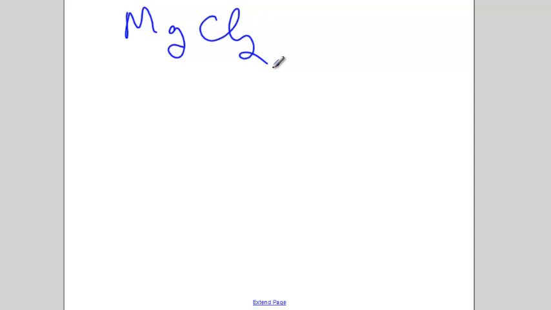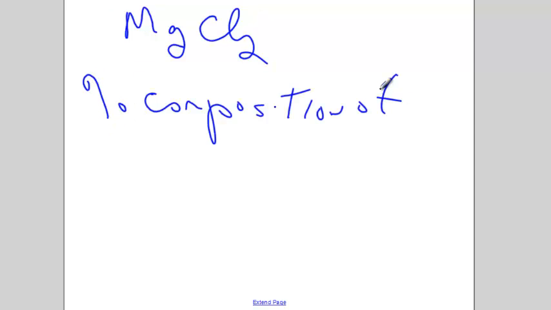If I say to you, what is the percent composition of MgCl2? That means what percent of any sample of MgCl2 is Mg, and what percent is Cl2. And I mean that by mass, a percent by mass.